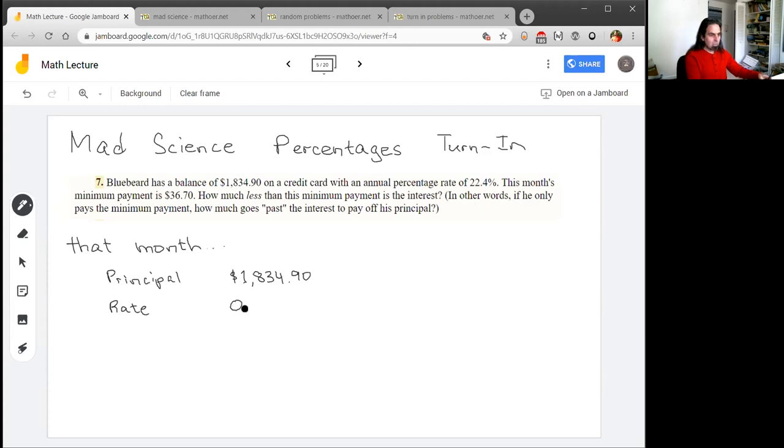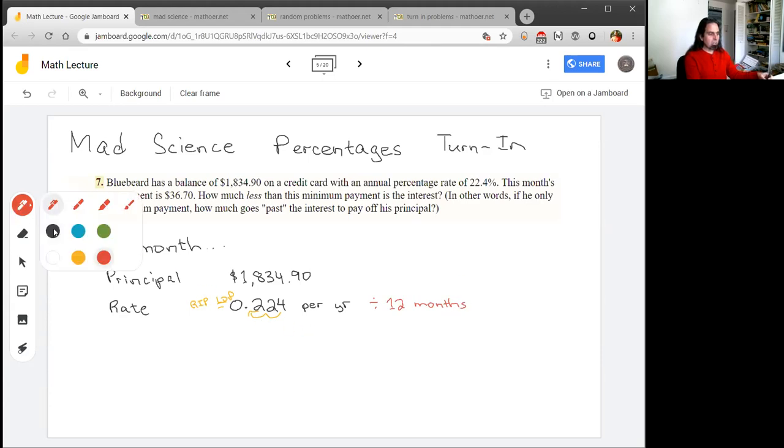So it's not 0.224, that's per year. We need to make that shared among 12 months, so we're going to do a divided by 12. And that's how much interest he has to pay each month.